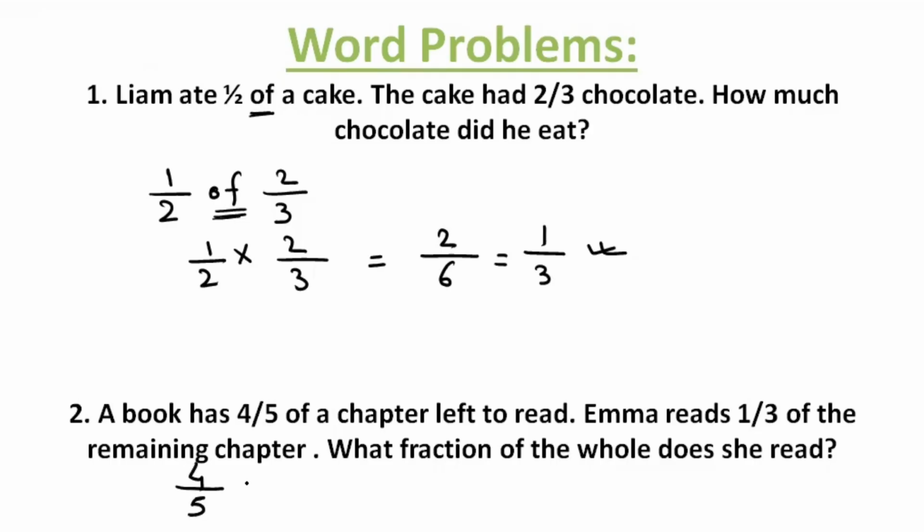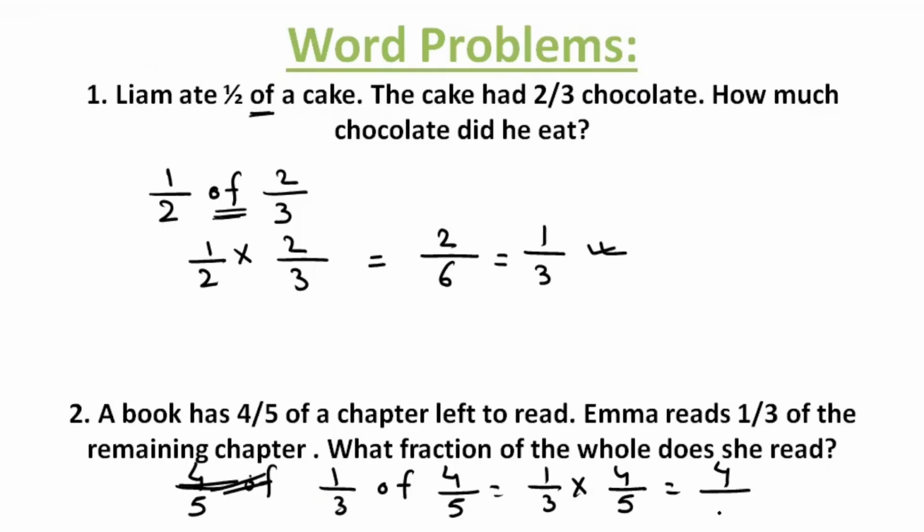Emma reads 1/3 of 4 by 5 left. It will be 1 by 3 multiplied with 4 over 5, which will be 4 over 15. This is the final answer.